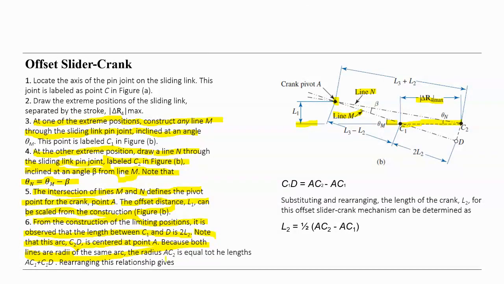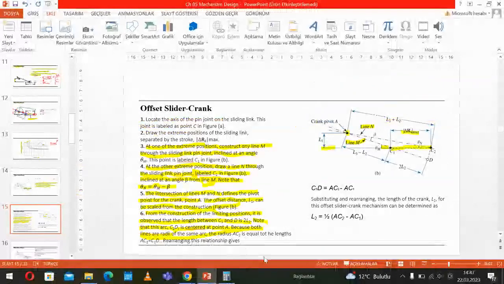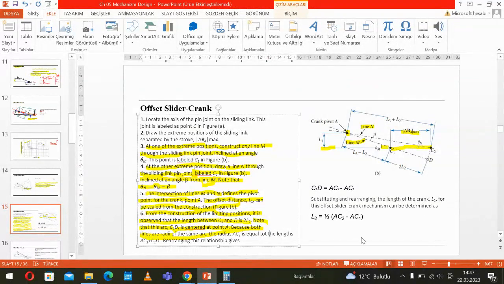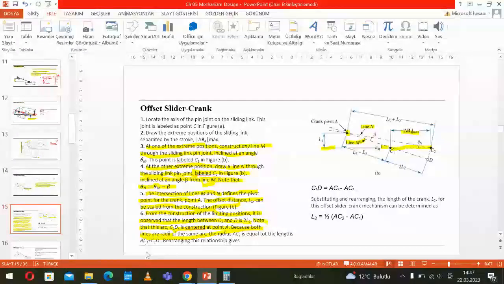The radius AC2 is equal to the length AC1 plus C1D.